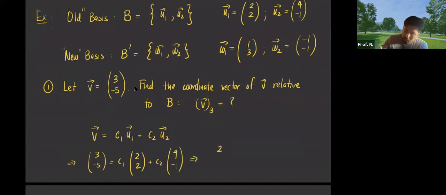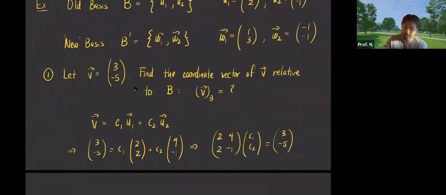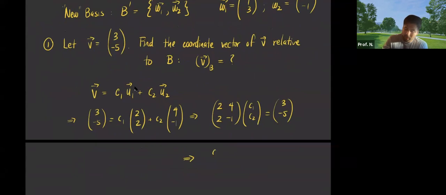This becomes the matrix [2 4; 2 -1] times (C1, C2) equals (3, -5). And so then what does (C1, C2) become? Let's leave it as A, B, because we're going to have to do this again for the other bases. So this is A, B, this is A, B, and this is A, B.